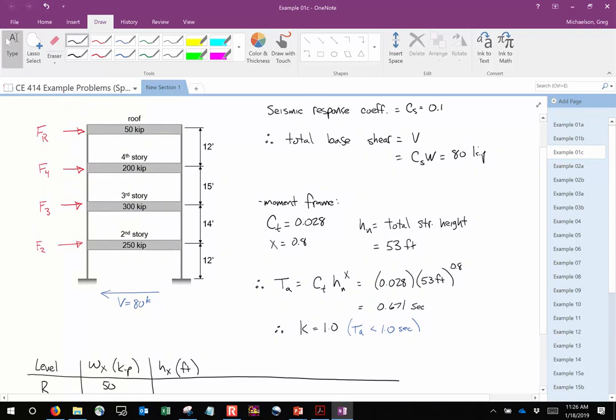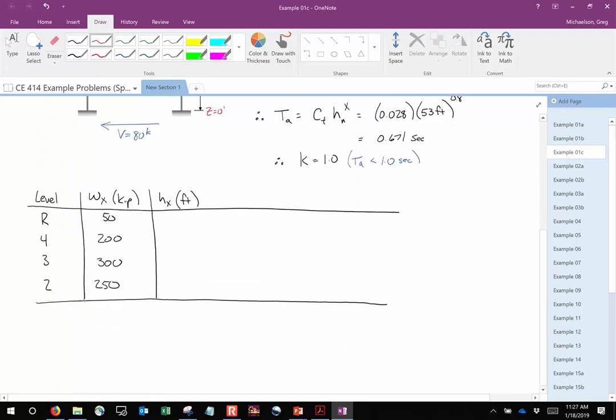Remember when we did our wind computation, we got that this was z of 0, this was z of 12, this was z of 26, this was z of 41 feet, and this was z of 53 feet. Y'all remember that?